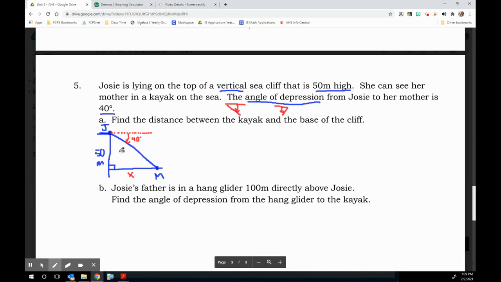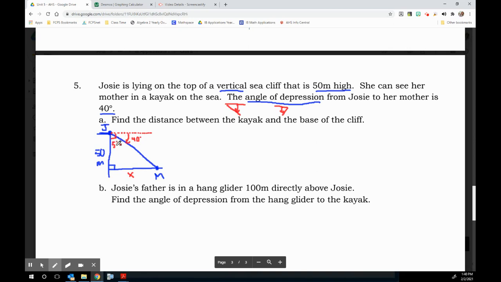So thinking about what we have here, we're looking for this side, obviously. We have this side of 50 meters, and we're given this angle, but it's not within the triangle. So you can do one of two things. You can think back to geometry for complementary angles: this angle inside the triangle and the angle outside the triangle, because of the horizontal and vertical nature, add up to 90 degrees.